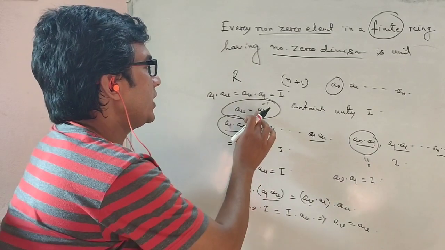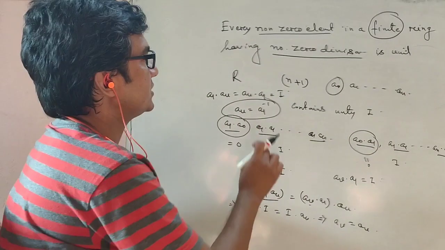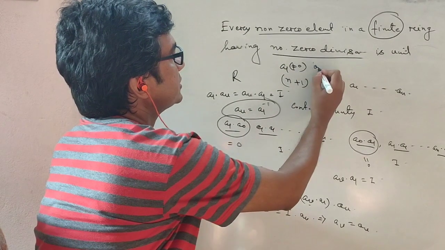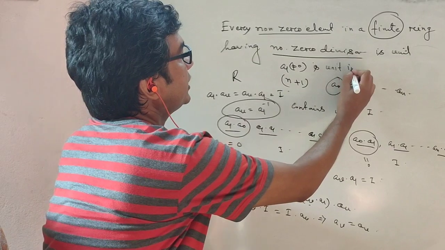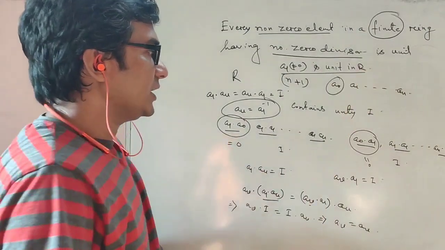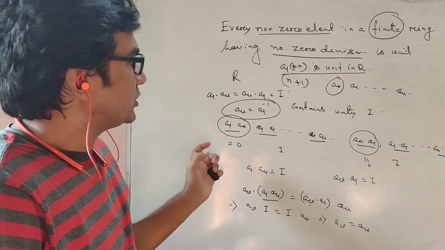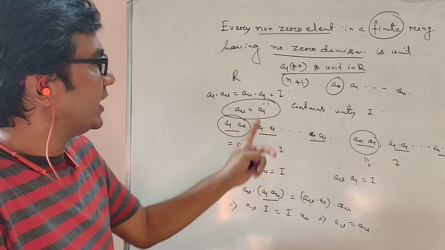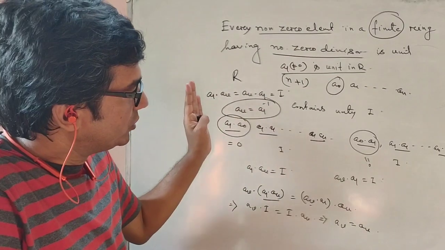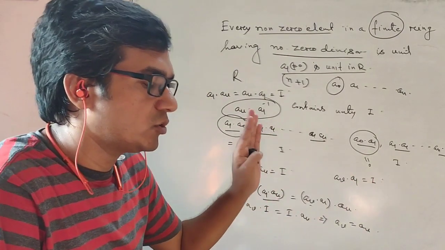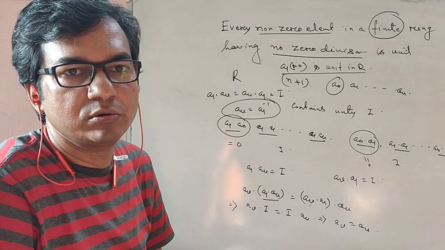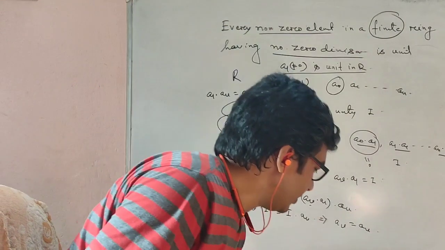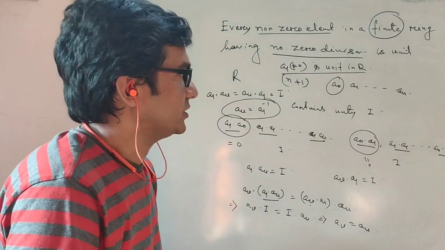So A1 inverse exists, that is A1, which is not equal to 0, is a unit in R. Similarly, by multiplying both sides from the left and from the right by A2, we can show A2 is also a unit, and similarly all the elements which are not 0 are also units in the ring. This is also an important theorem about divisors of 0 and units.